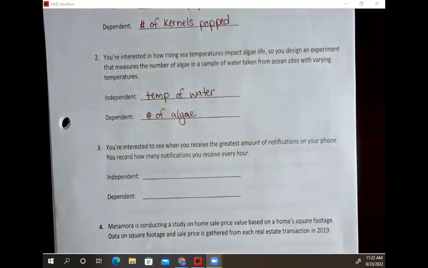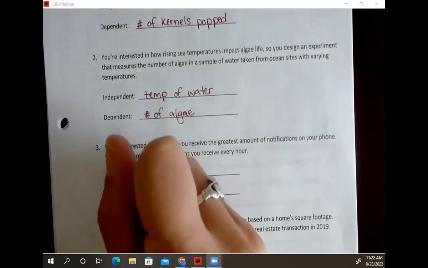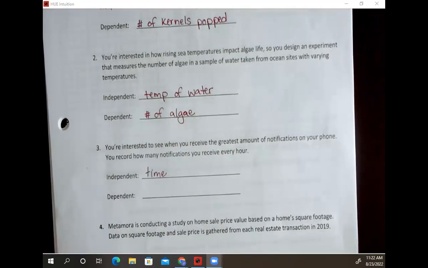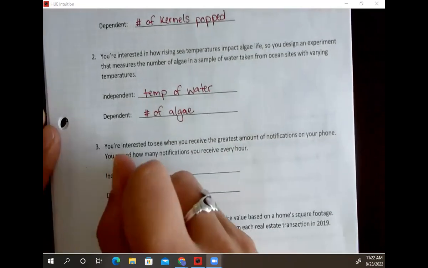Is it every hour? Is it every 2 hours? Every 30 minutes? That's my independent variable. And then our dependent variable, what am I measuring or keeping track of? How many notifications I get.